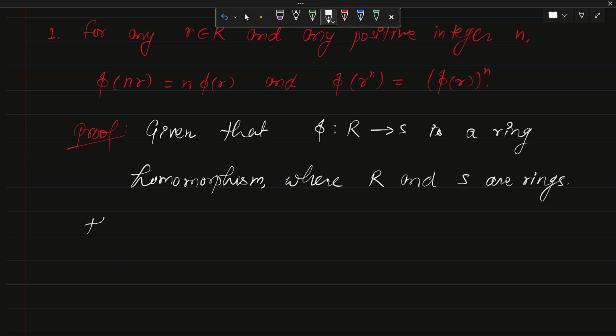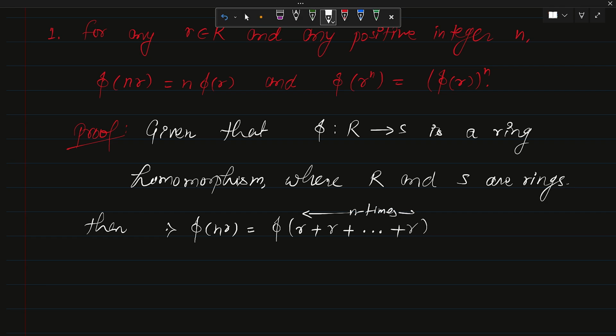Then what about phi of nr? Then first, if we talk about this one, then phi of nr, that is same as phi of addition of r n times. So we are having r plus and so on plus r. This is n time, right?